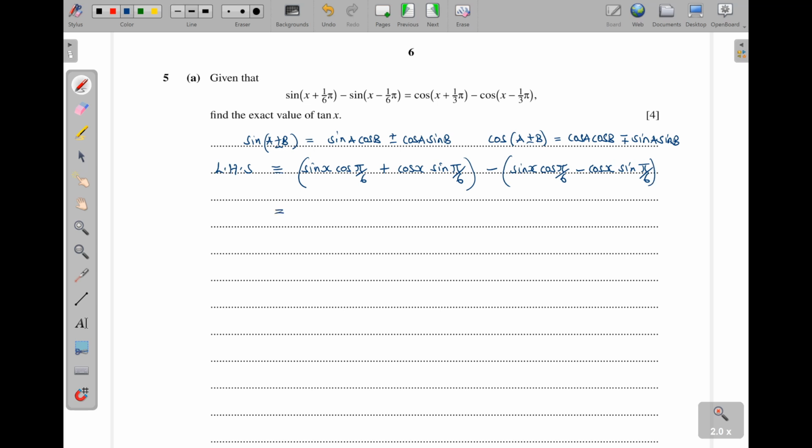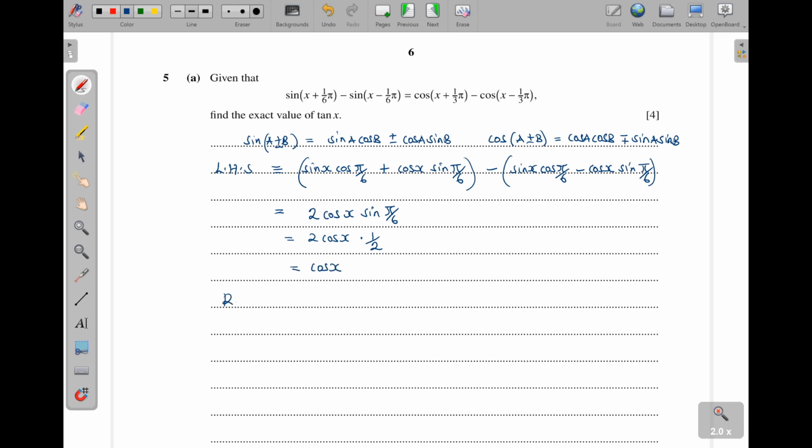Now, when I open the brackets, I can see that this one goes with this. You see that? Because this one is positive, this one will be a minus. And then this one here, there is a minus, and then a minus, so it is going to become 2 times. Okay? So I can write 2 cos x sine pi over 6. This is 2 cosine of x, then times sine pi over 6, which is actually a half. That means this one gives us cosine x.